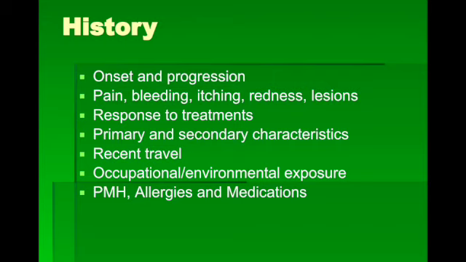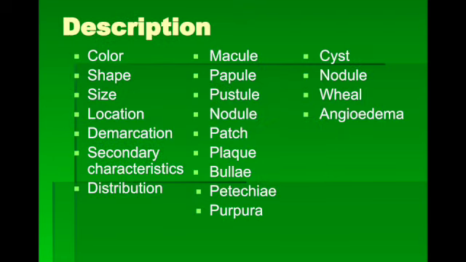And then has it developed any new secondary characteristics? Is it associated with any recent travel or any particular exposures environmentally or through their job? And then understanding a bit about the past medical history, any allergies or medications that they're taking, and especially if there's been any changes in those medications.